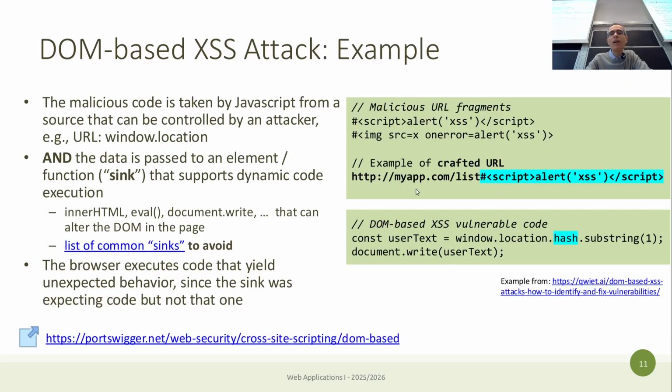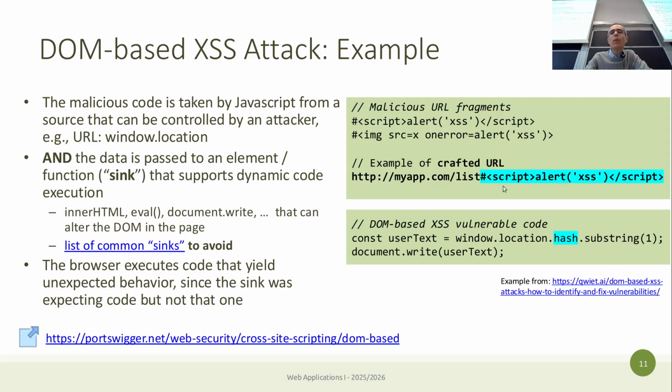Let's look at an example, because this is a bit more tricky to understand, okay? So let's have a look at the JavaScript code in the vulnerable web application. So let's assume that at a certain point you look for something inside a URL, okay?